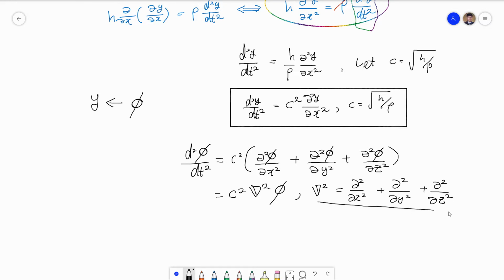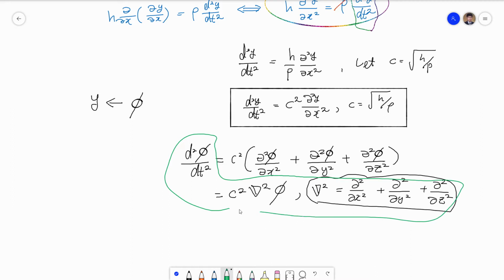This is called the Laplacian operator. So this is our three-dimensional wave equation. If we solve this equation, then we can understand the meaning of c.